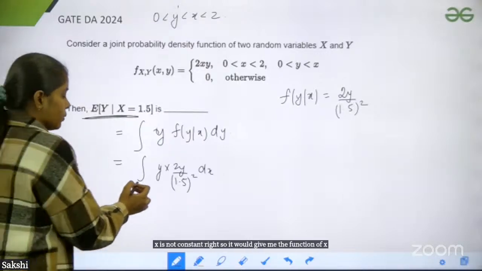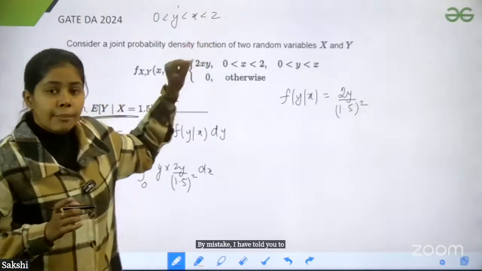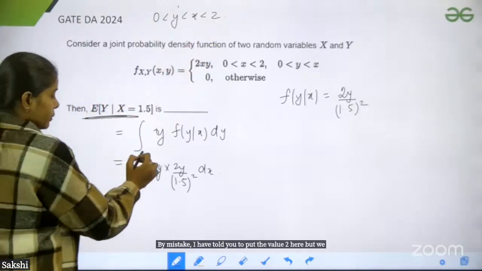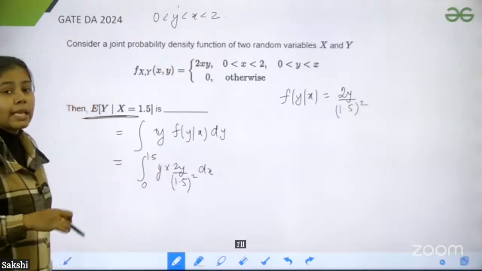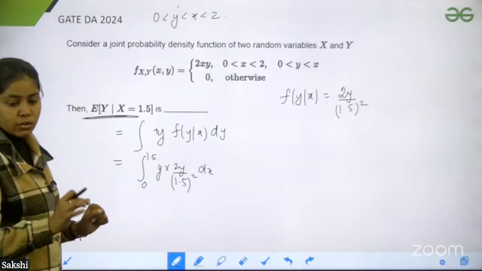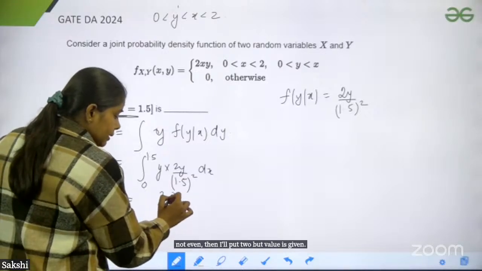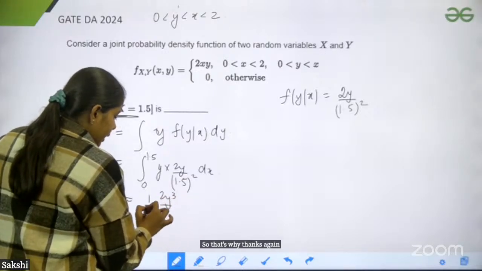So what can I do? By mistake, I told you to put the value 2 here, but we have already been given the x value, so I'll put the x value. If the x value is not given, then I'll put 2, but the x value is given. Thanks again. And I'll put the limit here.